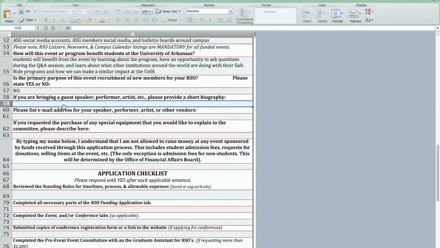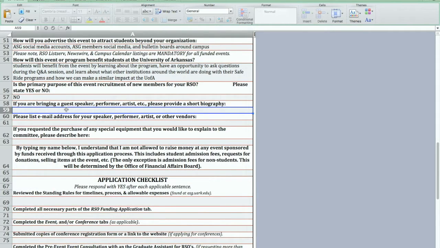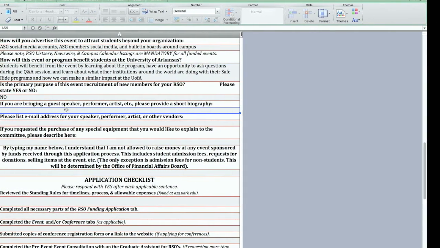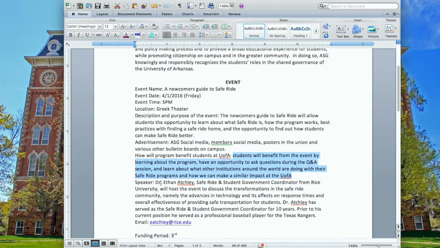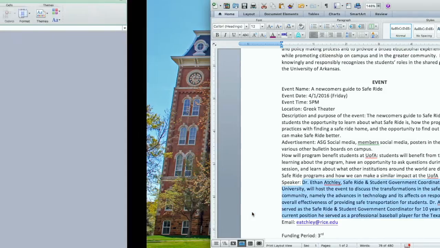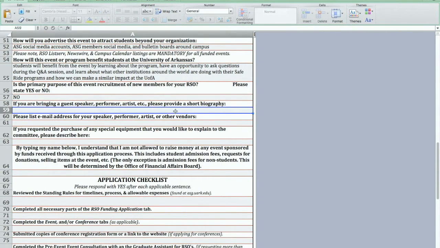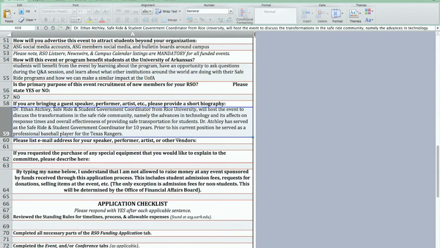If you're bringing a guest speaker, performer, or artist, please provide a short biography. This is also an important component. If you have a guest speaker coming for the event, you're going to want to provide a bio for him. So I have a bio of Dr. Ethan Atchley, who is the Safe Ride and Student Government Coordinator from Rice.